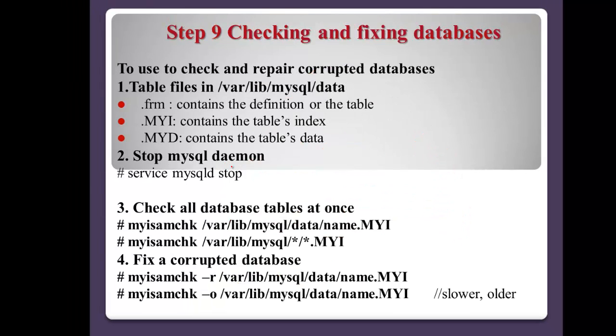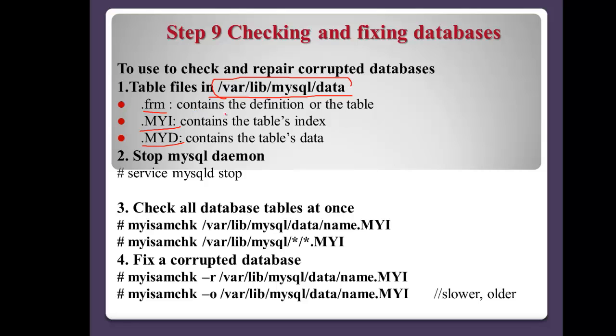Step 9, checking and fixing database. Okay, step 9, the checking and fixing databases. Before we start checking and fixing database using some command, we have to know the table files in the database. If we go to this directory, for example, /var/lib/mysql/data, we can find files with extensions like this: frm, MYI, and MYD.